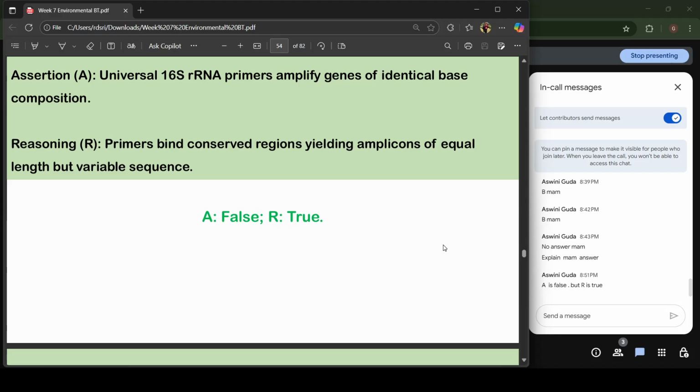Exactly. The base composition need not be similar. So that is what the reason is stating. The length may be equal, but the sequence is going to be variable.